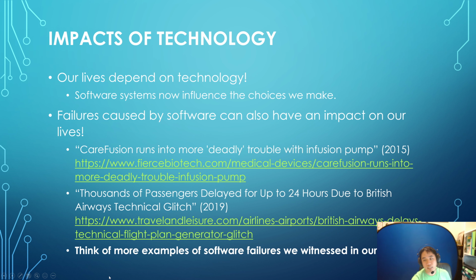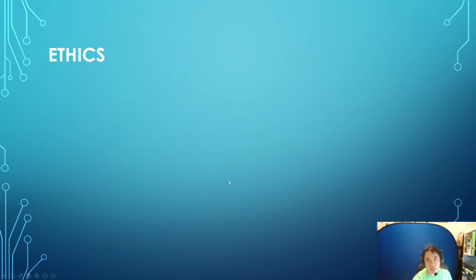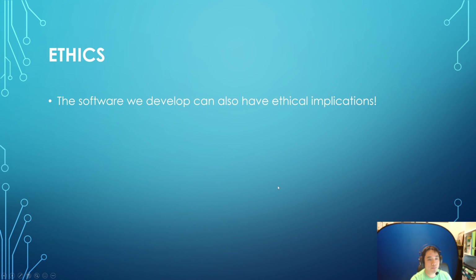So in your spare time, try to think of more examples of software failures we witnessed in our lives. One that I know is actually just Bitbolite being overloaded because scalability is not easy to tackle. Ethics basically means how to be a good person while being a software developer at the same time. One thing you have to know is that the things we develop, even software, can have ethical implications.